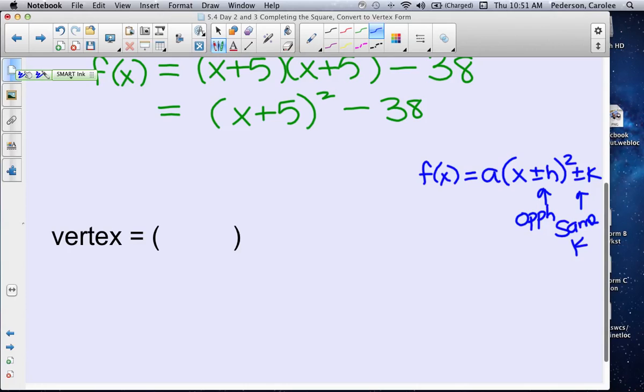The outside of the parabola tells me how much I move up and down. So we're going to take the opposite of this, and then the same of that. And that is our h and k. So our vertex is negative 5, negative 38. That's my critical point for my parabola.